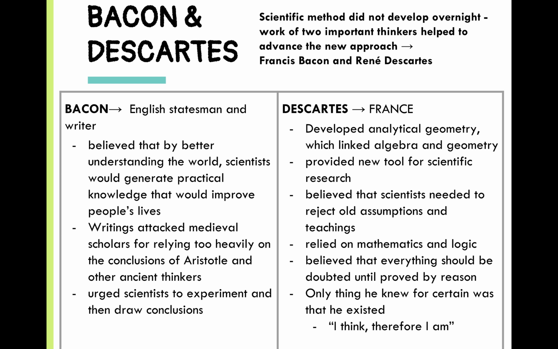He's going to believe that scientists need to reject old assumptions and teachings, and rely on the mathematics and the logic that support them. He's going to believe that everything should be doubted until proved by reason. So Descartes is the guy that said, I think, therefore I am. The only thing he really knew for sure was the fact that he existed, okay?